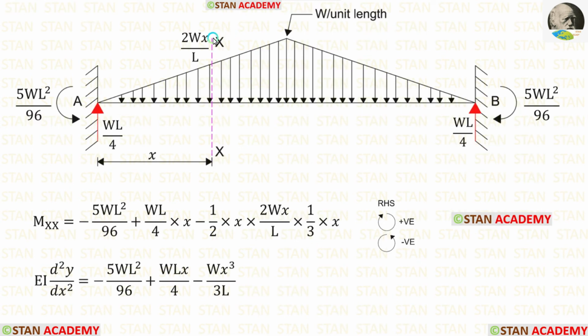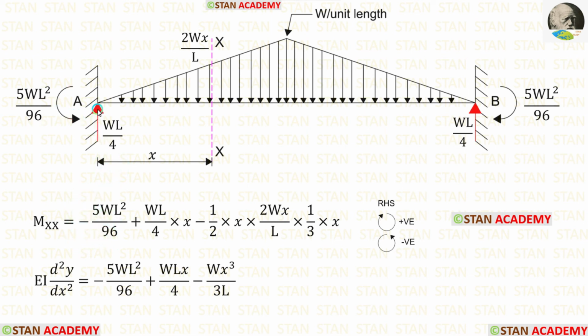I have made the section randomly here at the distance of x from the point A. We know that the intensity of the load in the distance of x is 2Wx upon L. Now let us find the moment in the section. MA is acting in the anticlockwise direction, so it will be negative.